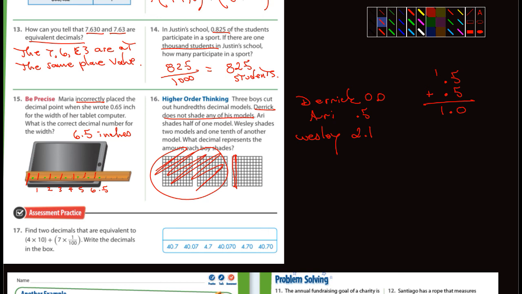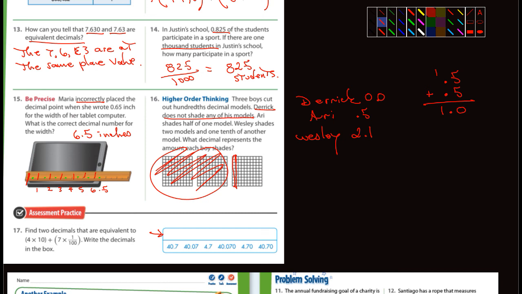For 17, it says the last one, find 2 decimals that are equivalent to 4 times 10 plus 7 times 100. Write the decimals in the box. I guess they're talking about this box here. 2 decimals. So I don't know. You have to circle them or what? I'm not sure. It's not very clear to me. Maybe you just write.